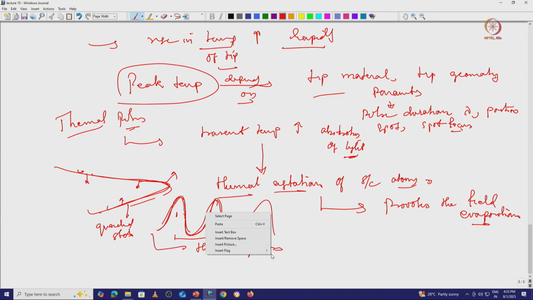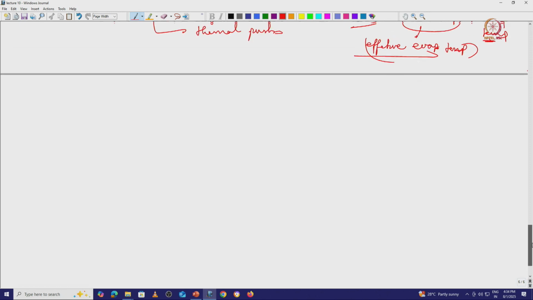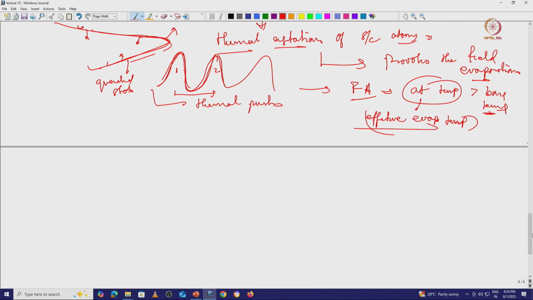Okay, so the field evaporation takes place at a temperature which is higher than the base temperature, and that particular temperature is called the effective evaporation temperature.